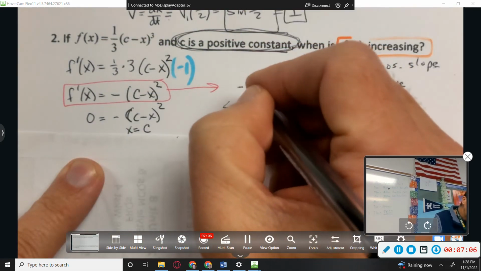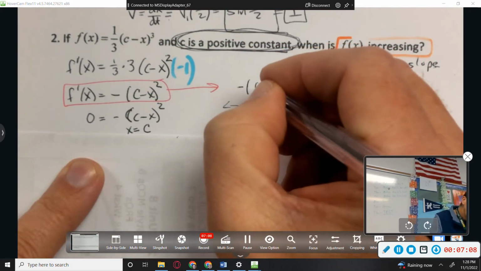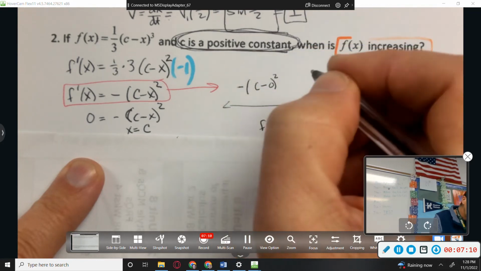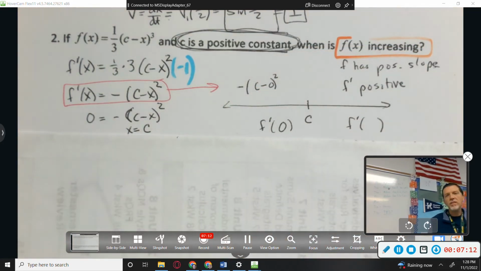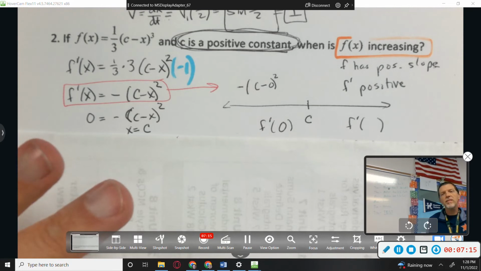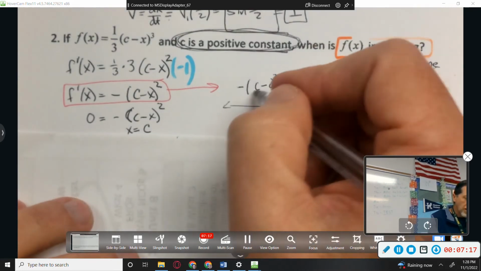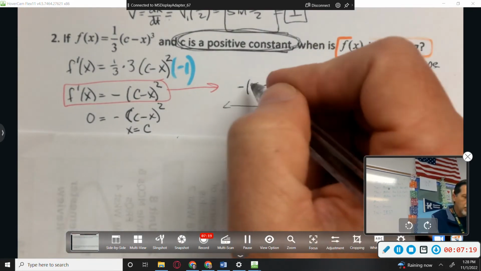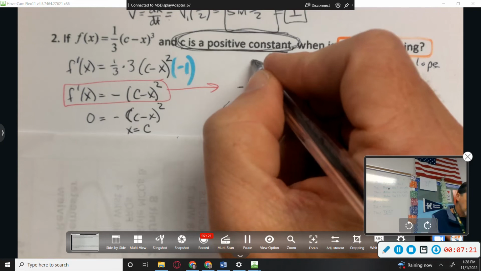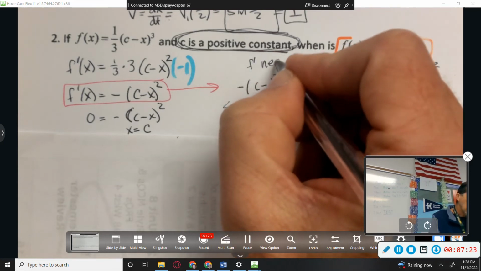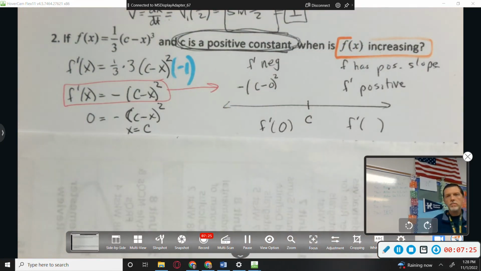So negative (c minus 0) squared, again with the c business. But all I care about is plus and minus, so square anything, it's positive, put the negative on there. So that means f prime is negative. Left of c.